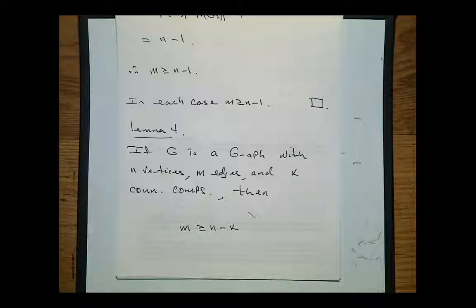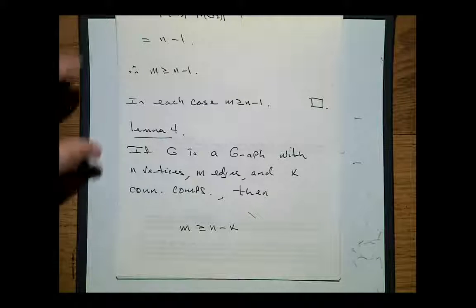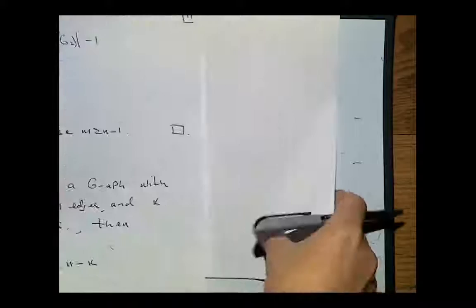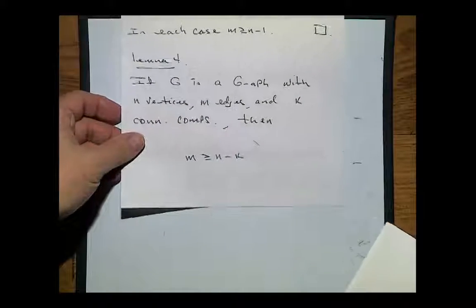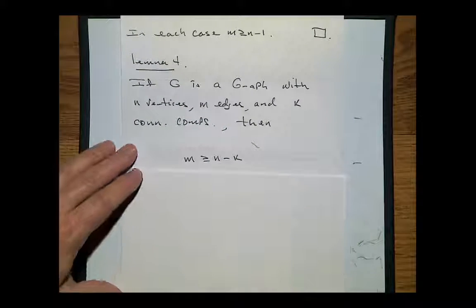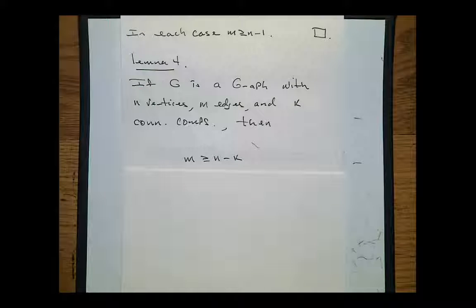Remember, in lemma 2, we had equality here. All right, so the proof of this is very similar, in fact almost identical, to the proof of lemma 2 from lemma 1.